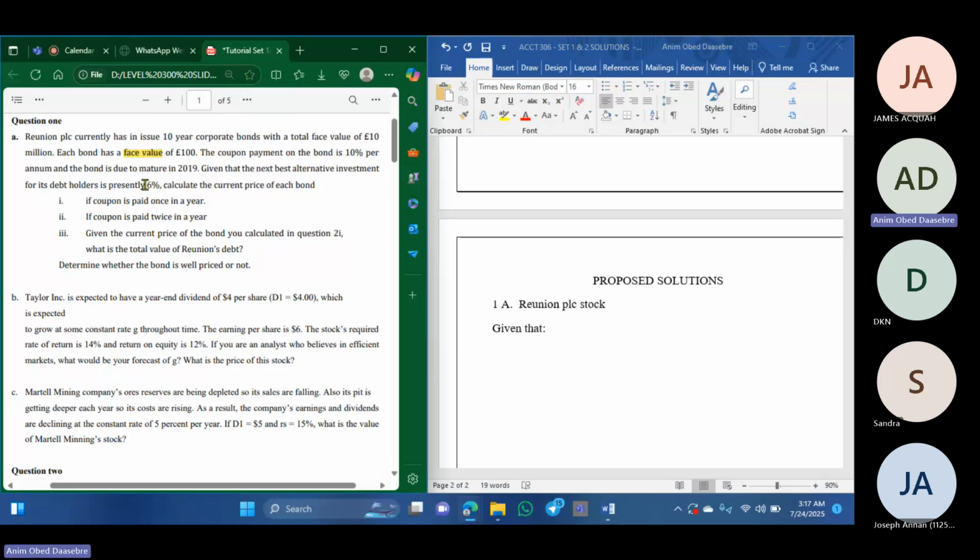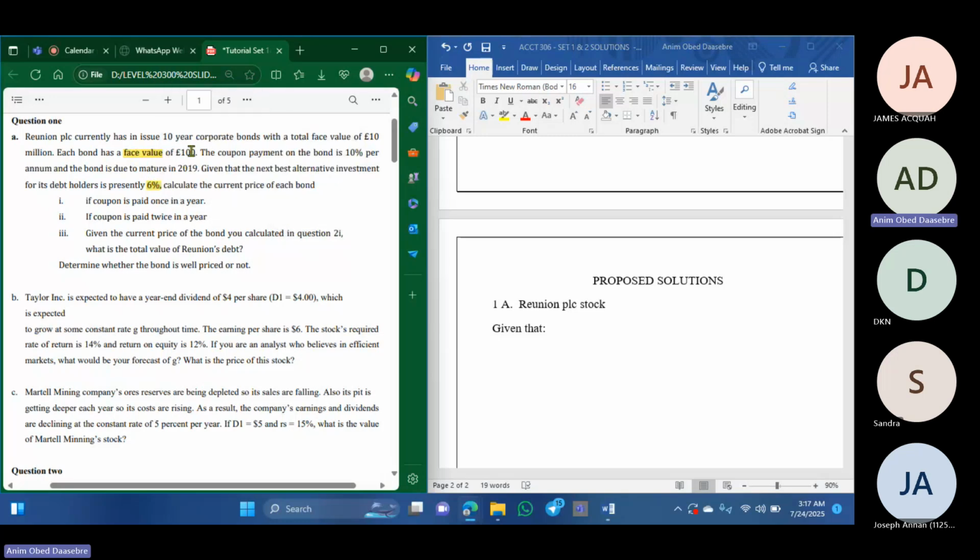You can also see 6%. And this 6% is the required return or the market rate. So that 6% is yield to maturity.